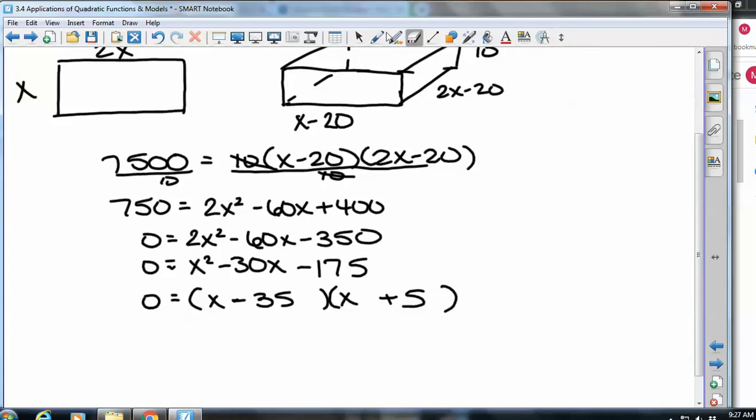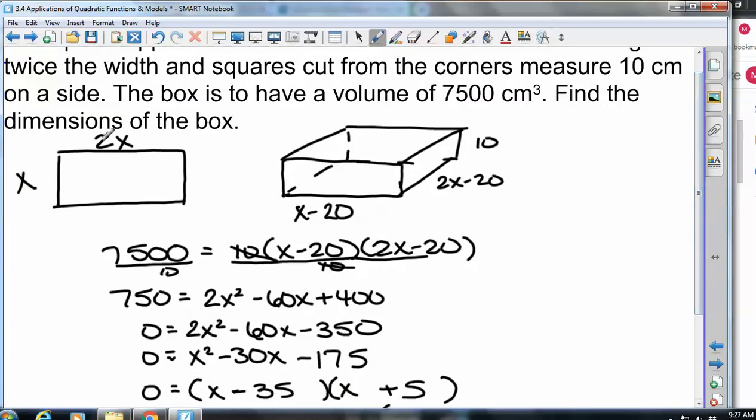Okay. Set each one to 0, so we get x to be what? 35. Are both of those possible answers? No, can't have a negative.